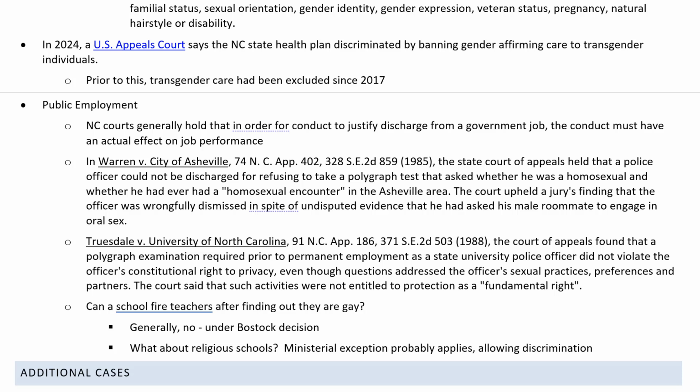And we have seen cases of people working for Catholic schools, for instance, and it comes out that a teacher is gay or a teacher has a child out of wedlock or something like that. And since that conflicts with their religious beliefs, that person could be terminated and they would really have no recourse. But again, for public school employees, that would be illegal discrimination.